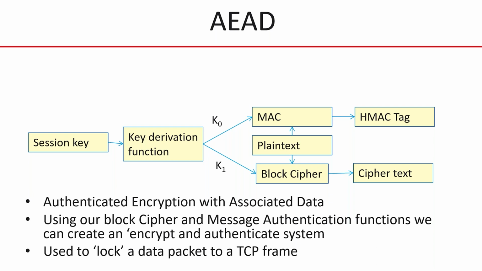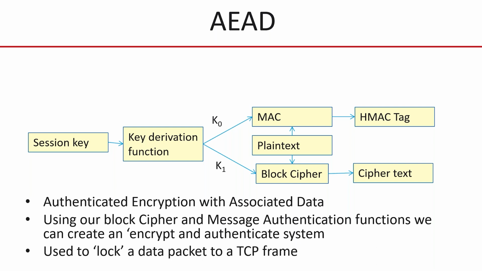The associated data is actually a block of plain text that's included in the data that's calculated by the MAC. So in a TCP frame, we'd have the header, which would be the plain text, followed by the frame data, which is encrypted. And on the end, we'd have a MAC, which includes both the header and the encrypted frame.